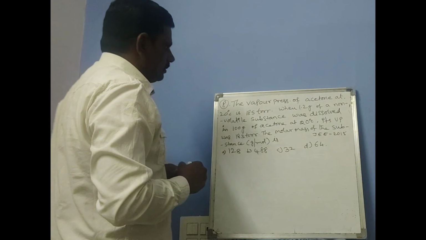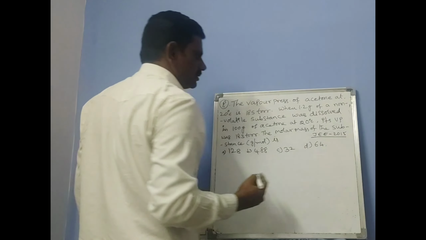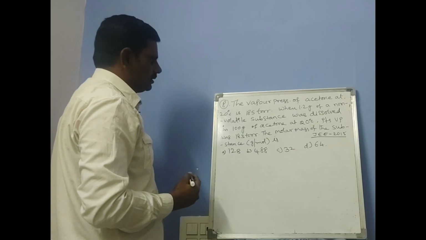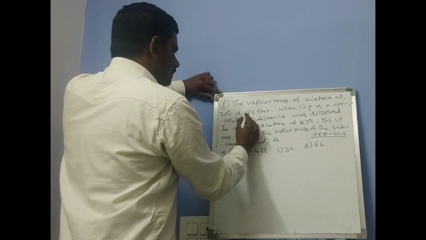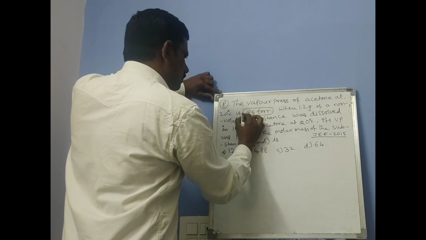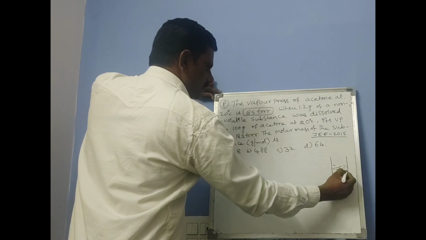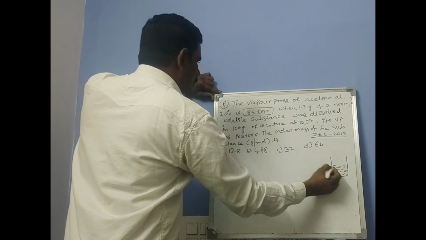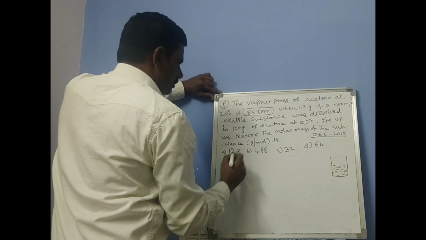Well, now we will solve a problem. Here is the question which came in 2015 JEE Mains. The vapor pressure of acetone at 20 degrees Celsius is 185 torr. Acetone has been taken in the beaker, so its vapor pressure is 185 torr.